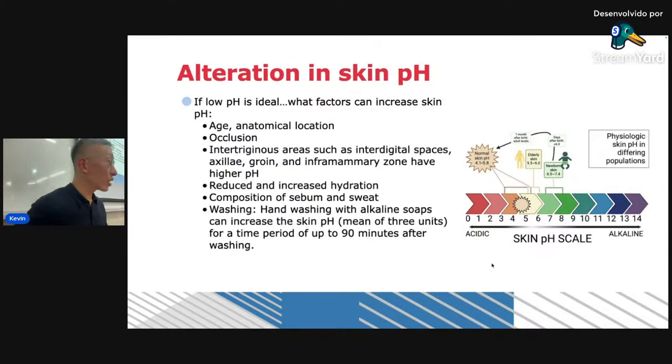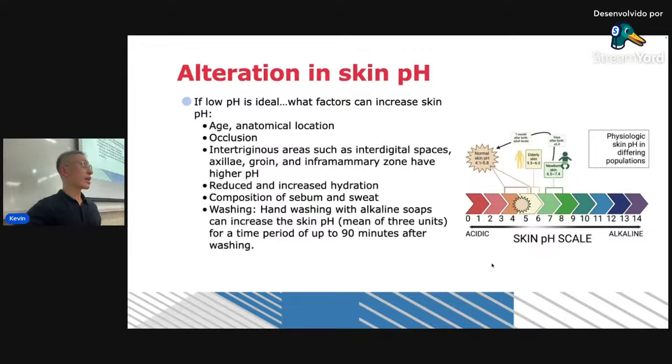So what can change the pH of the skin? No big surprises, I think, for a lot of wound care specialists can really articulate this very well. As we age, with the reduction in sweat and oil production, of course, we're more at risk for developing alteration in skin pH, and that's why they're more vulnerable to develop skin tears and MARSI and MASD problem.